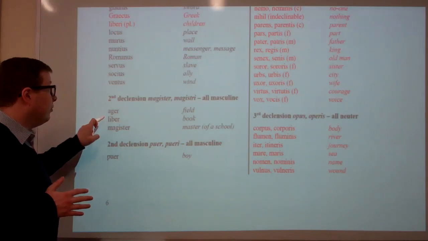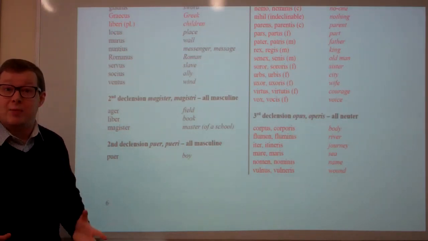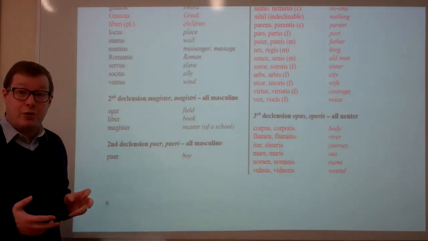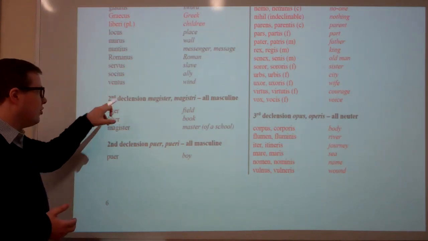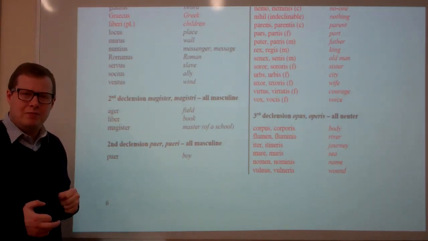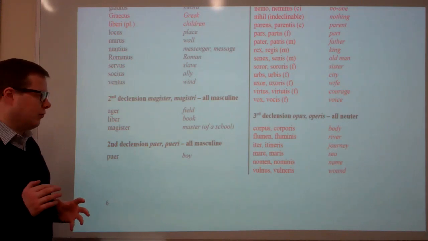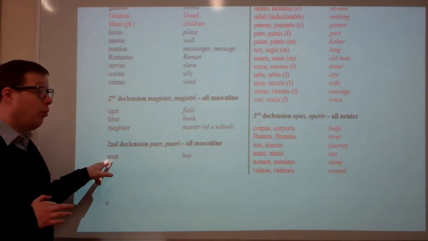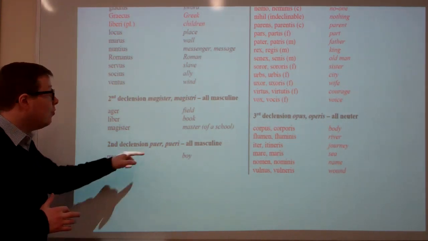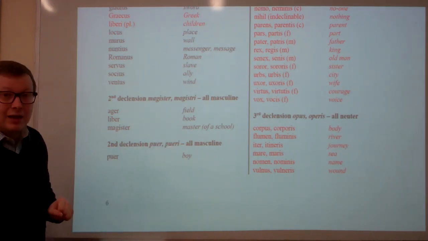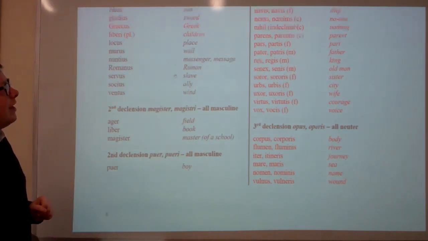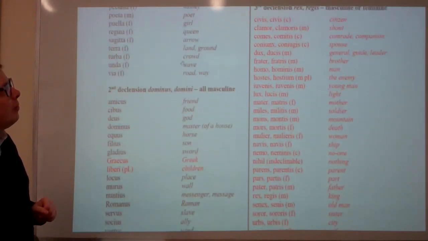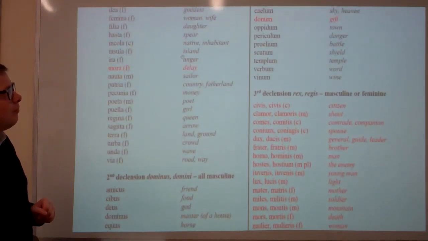Likewise, ager, a field, liber, a book, that gives us library, just as ager gives us agriculture, and magister, schoolmaster, we've already mentioned. There are a tiny handful, though, that operate like puer, a boy. He doesn't contract. Puer, pueri. And liberi, meaning children, and vir, a man, operate in the same way.